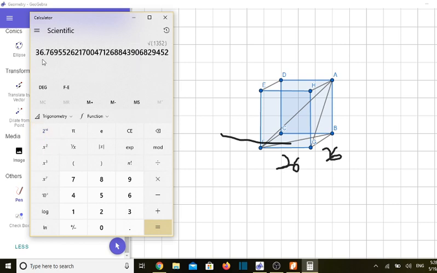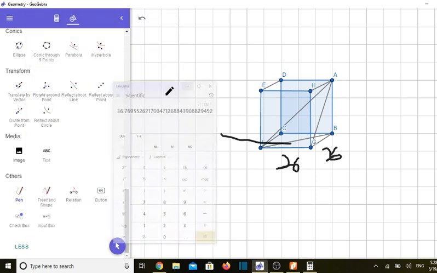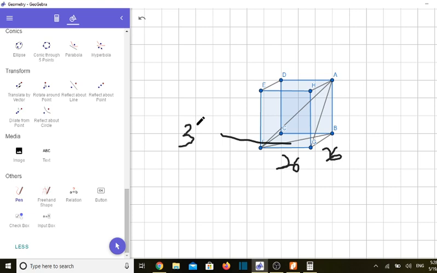So its square root will give us 37 approximately. So this is 37. Now what we can do, we can simply use this 37 and this 26 to find the angle that is here, right here. So it's pretty simple. I hope this confusion is clear, and now you can solve these questions.